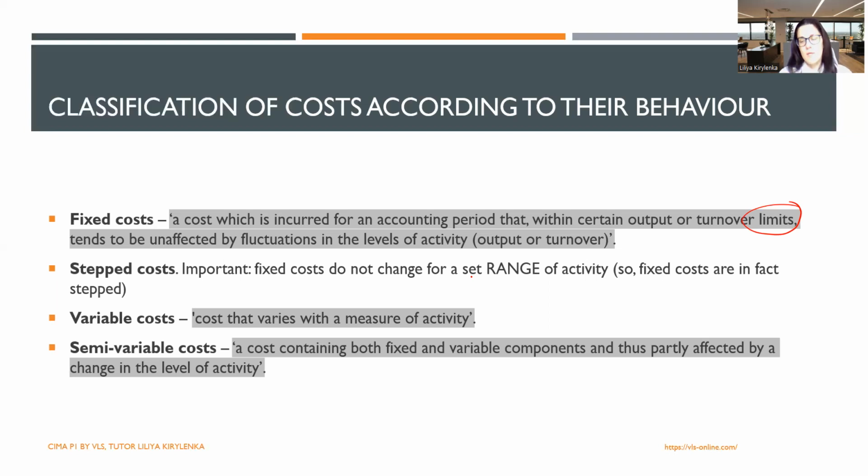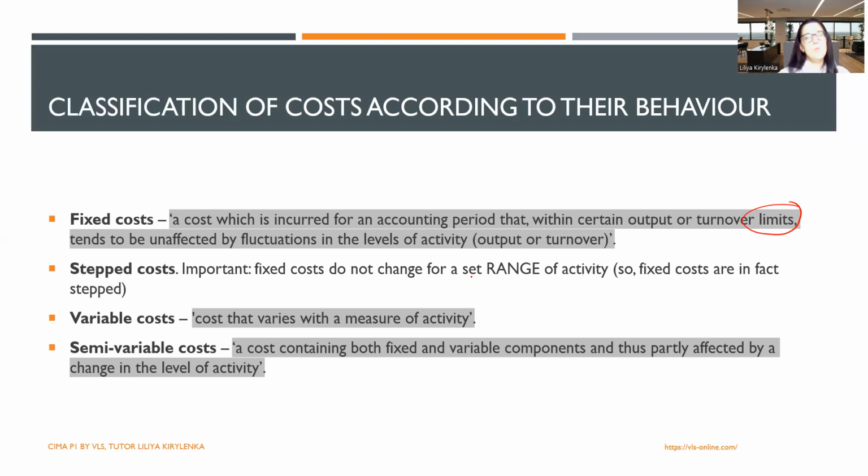So, for example, if you want to produce 1,000 items, then it is enough to get just one factory. So factory rent is going to be fixed. But if you want to produce from 1,001 items to 2,000 items, then you are going to need another factory. So you will need two factories. So your rent will double.